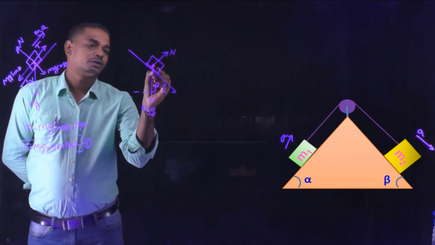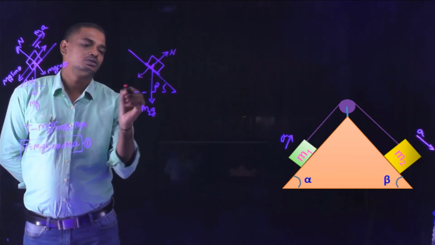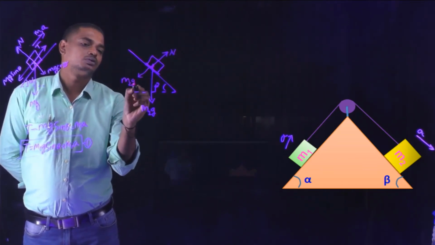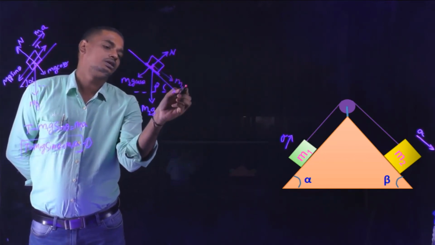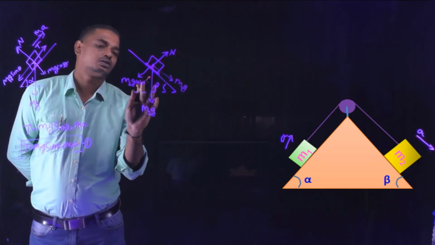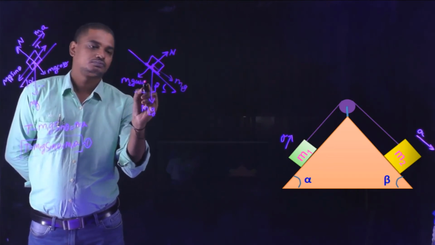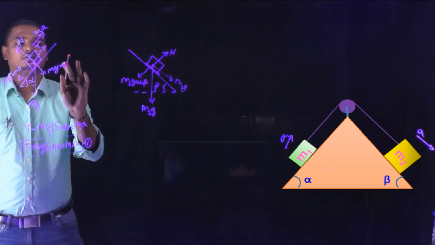The weight of the block can be resolved into two components: m2 g cos beta in this direction, and m2 g sin beta along the incline.